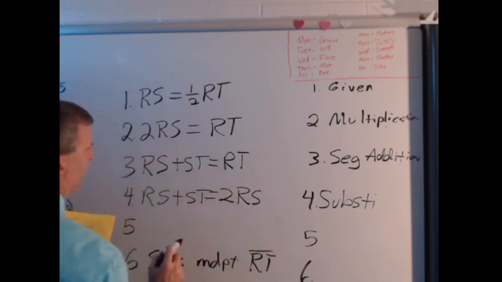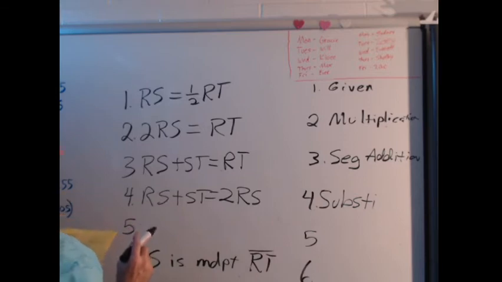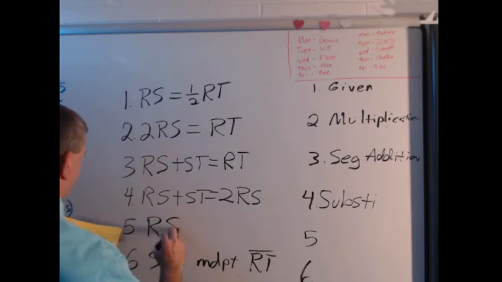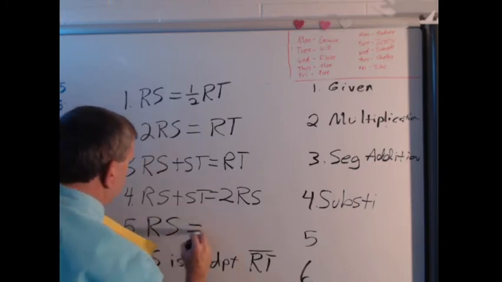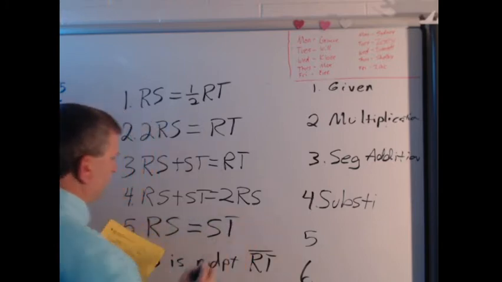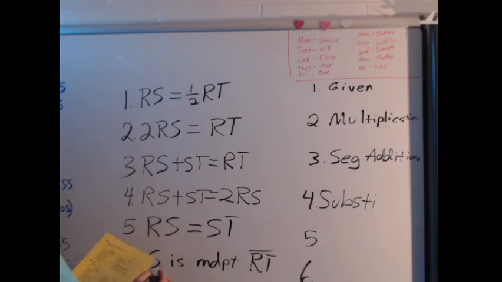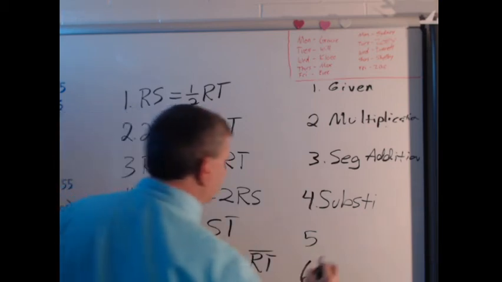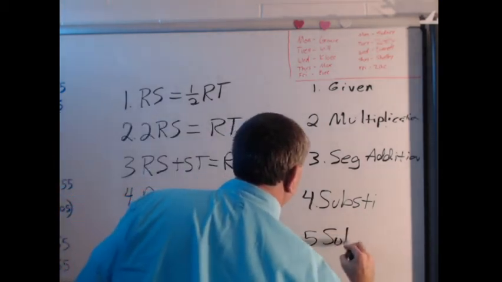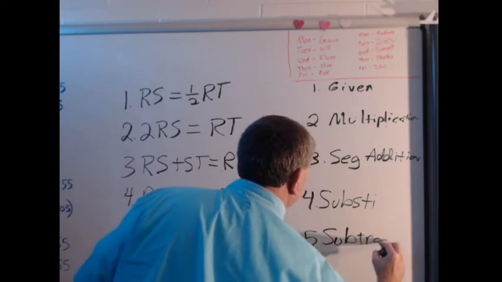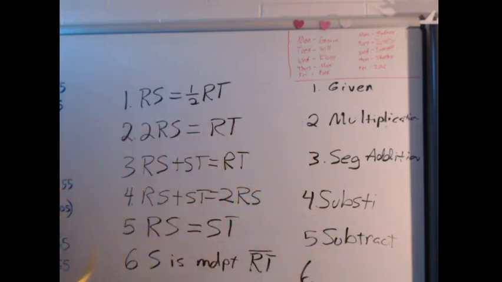So if I subtract them, I know that they're equal. And if they're equal, then I know I can write it: RS is equal to ST. Okay? And again, that's subtraction, because what I'm doing is removing the STs from both, getting back to RS is equal to RT.